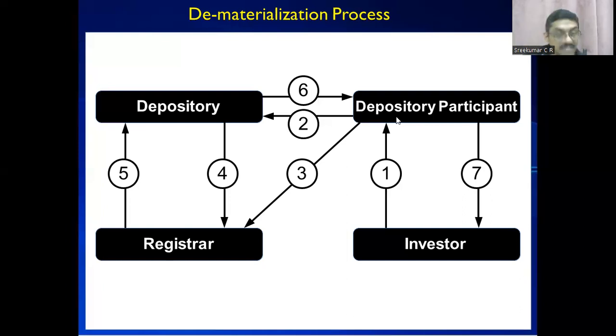That is why it is mentioned there. Anyway, the dematerialization process will not be asked. This part will not be asked, but please understand. The investor will approach a depository participant. The depository participant will in turn approach a depository. Also, it is routed through the registrar. From there, again, the depository will pass the required share certificate to the depository participant, and the depository participant will give this to the investor. That is it.